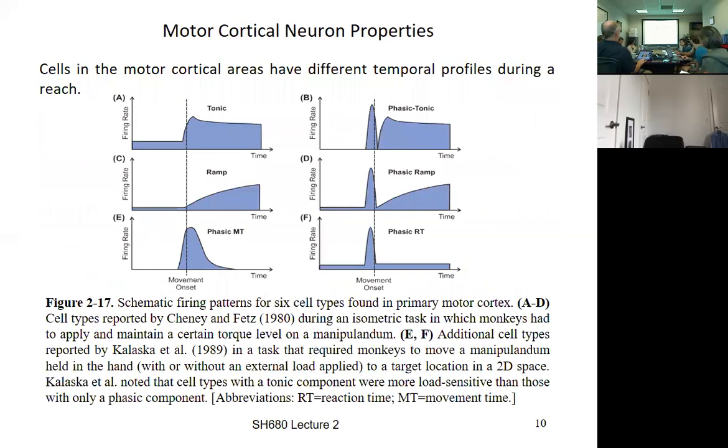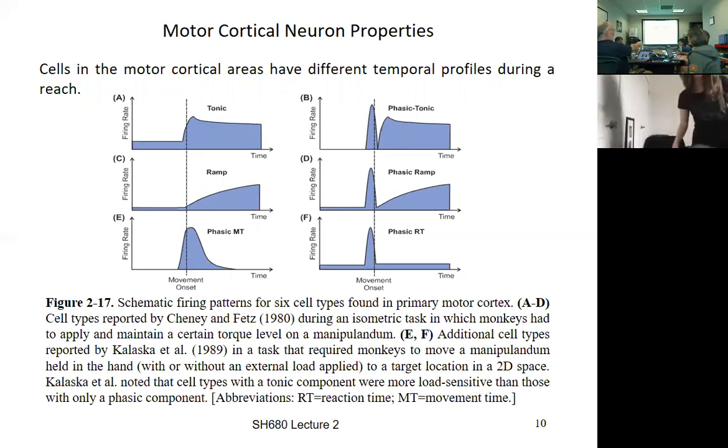Okay. A lot has been done also on the types of individual neurons in motor cortex. Even in the same area of motor cortex, even in the same small compartment of it, you'll find different firing properties. What I'm showing here are some classic firing property shapes as a function of time for simple movements, typically reaching movements.